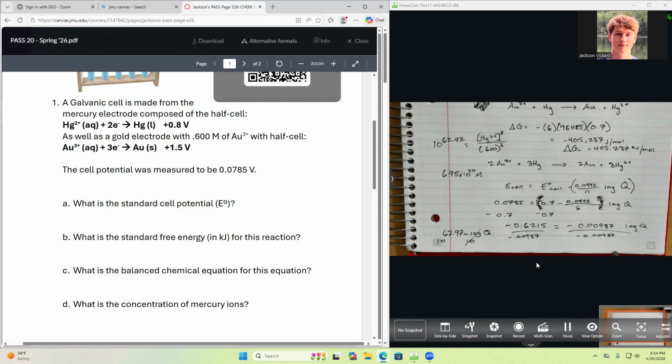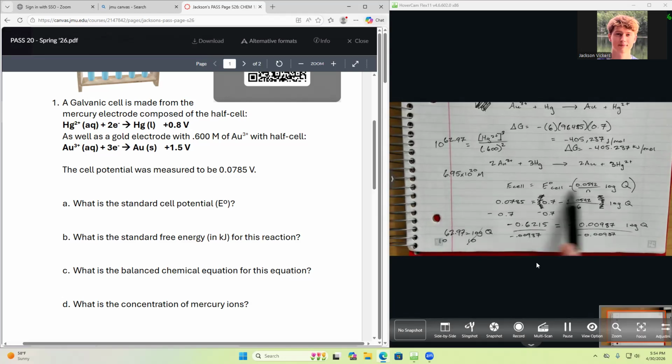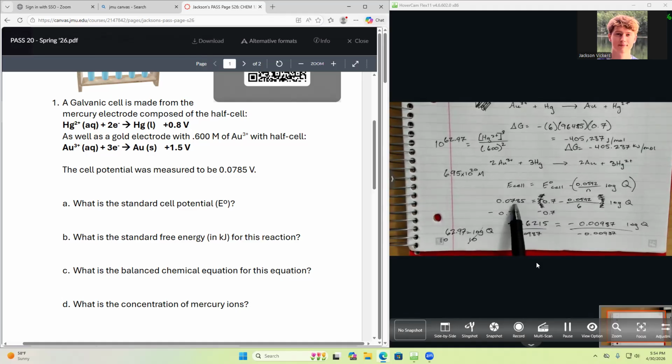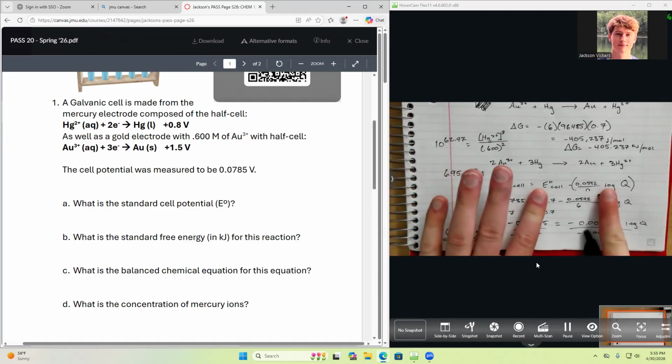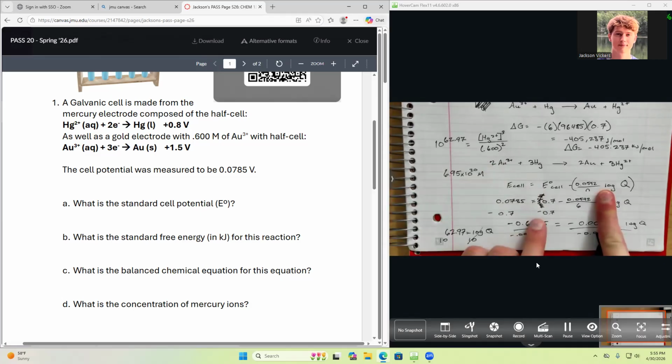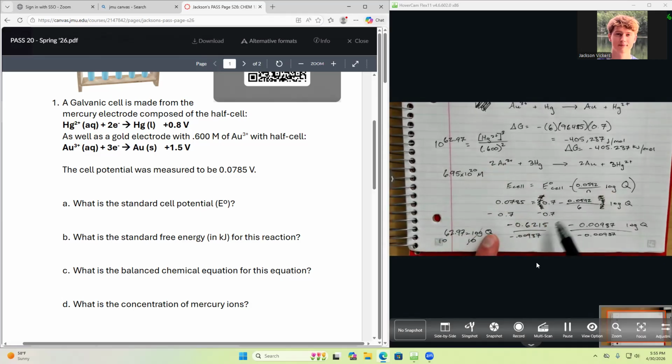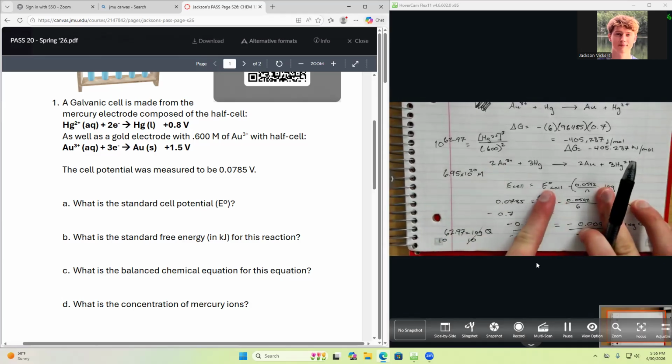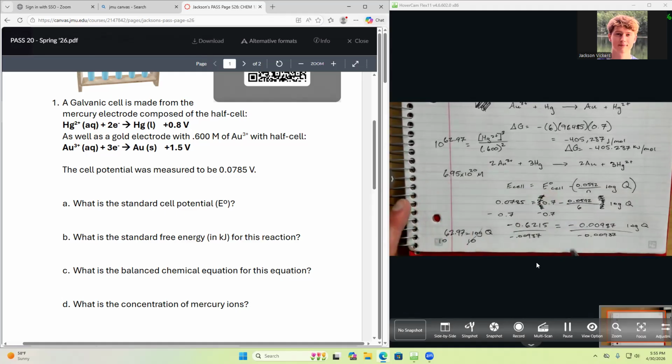So we found that this is our equation, right? This is where we started. E cell non-standard was given in the problem. We know what the standard is. We found that a second ago. Minus 0.0592 over n, which is 6. And ignore these scribbled out brackets. The first step we do is subtract 0.7 on both sides. Then I'm going to put in my calculator 0.0592 divided by 6, to find out what that is.